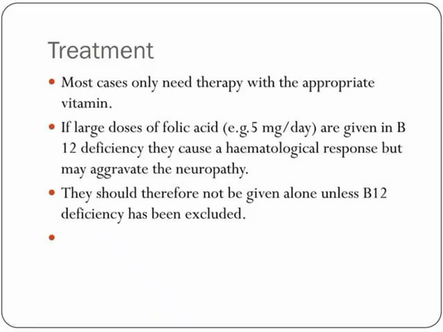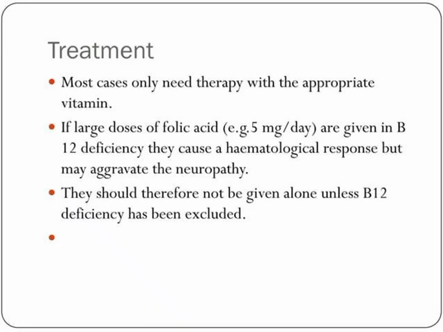If large doses of folic acid, for example 5 milligram per day, are given in vitamin B12 deficiency, they cause a hematological response but may aggravate the neuropathy. So here we have to give the appropriate nutrition, such as 5 milligram per day of folic acid.